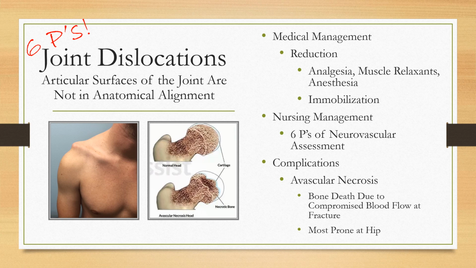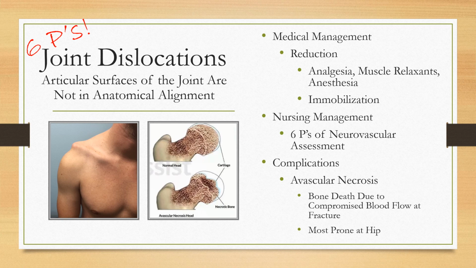Okay, so we need to reduce it. So how do we reduce a dislocation? Well, most people typically need something for the pain, so we usually put an IV in, and they usually need some kind of IV opioid, so often we'll use, say, fentanyl. We need a relaxant, and usually we'll use a benzodiazepine as a relaxant.